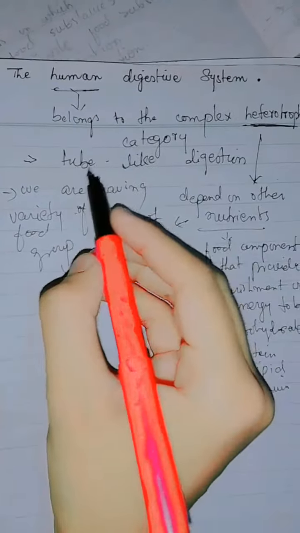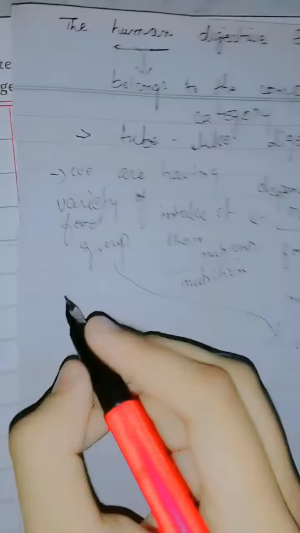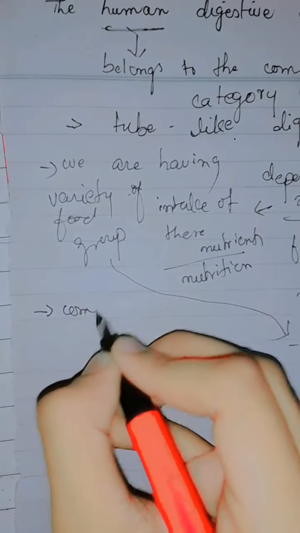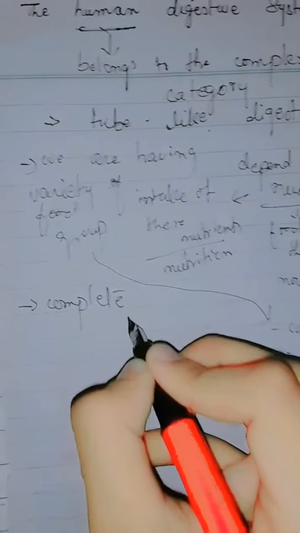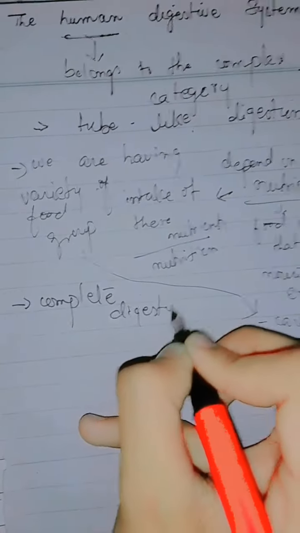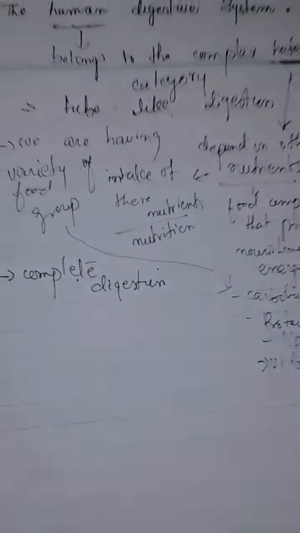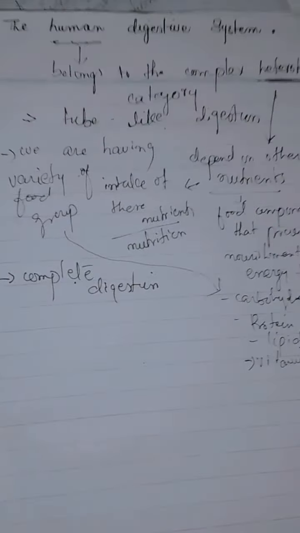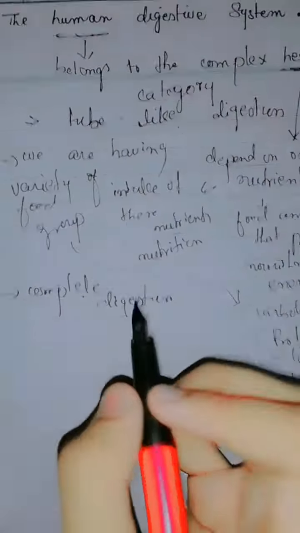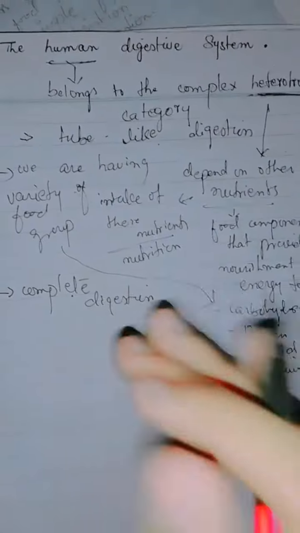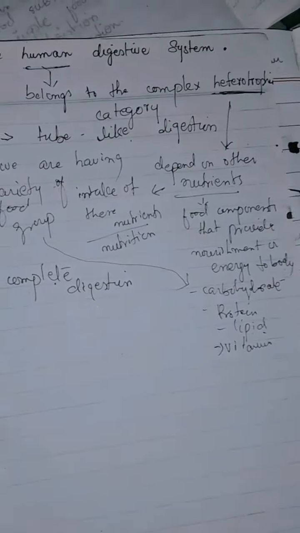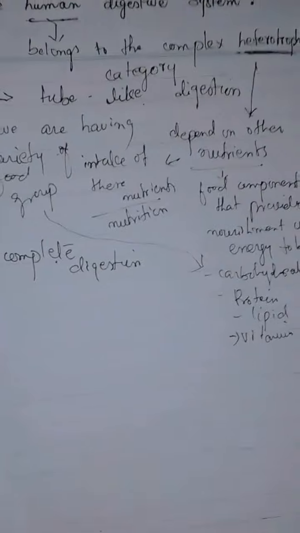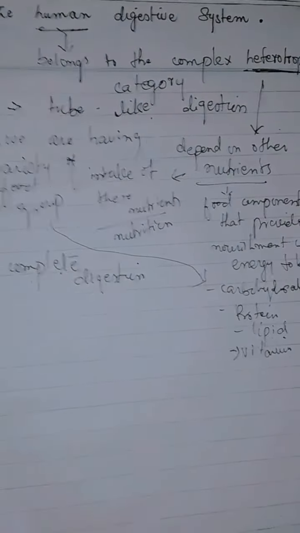Now, as we have tube-like digestion in humans, there will be a complete digestion. What is the meaning of complete digestion? Complete digestion means the food molecules will be digested before going into the cell, in the small intestine.